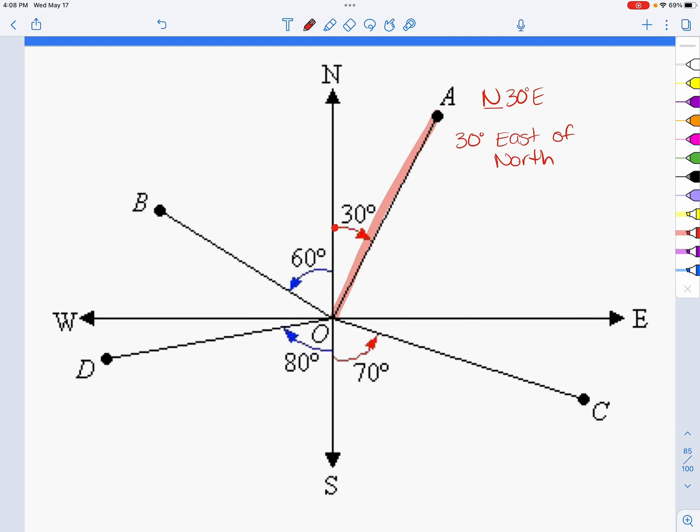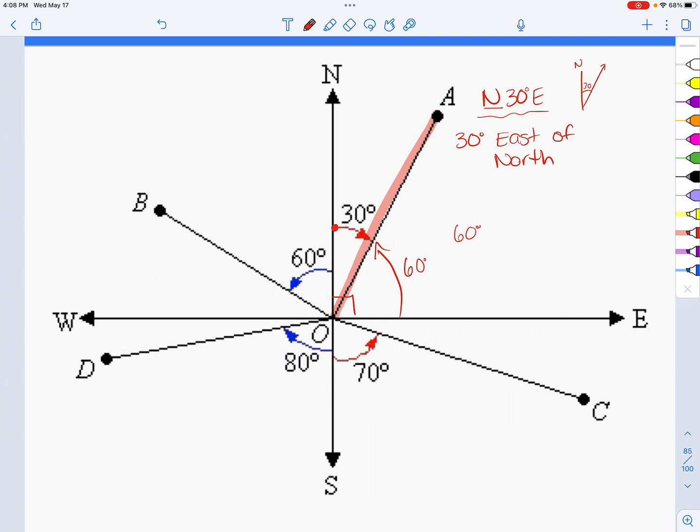If I see something like this, I will instantly jot down, okay, here's north, and I'm going 30 degrees towards the east. You could also express it, though it's not as common, by saying this angle is 90, so from here to here is 60.